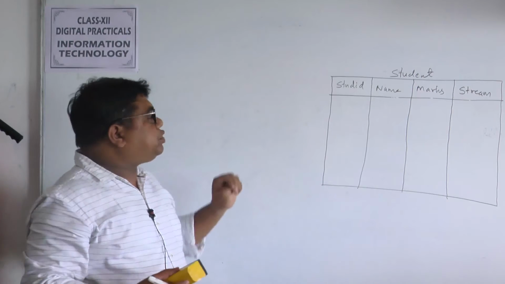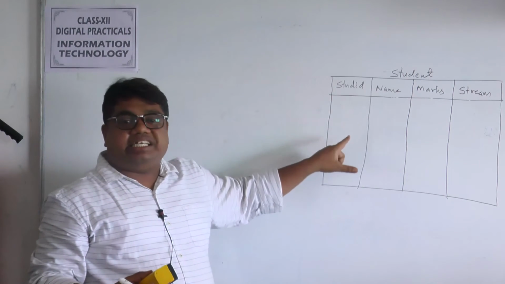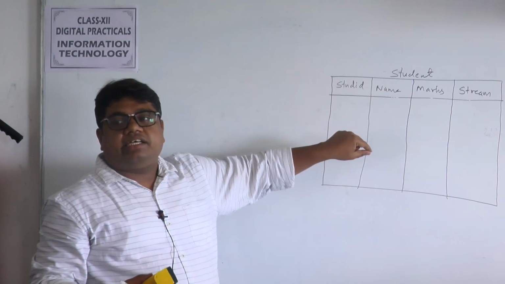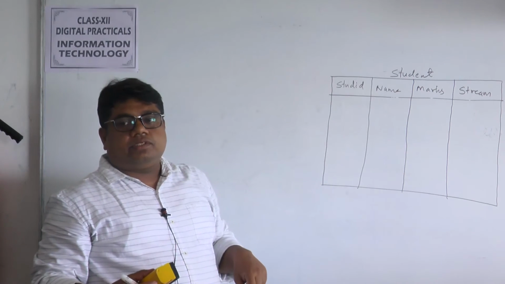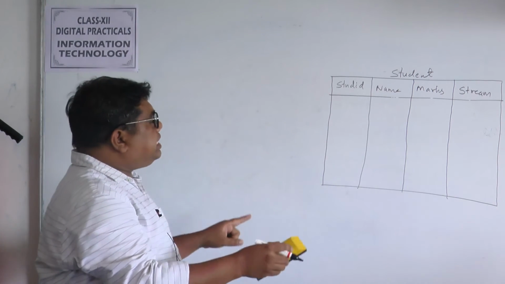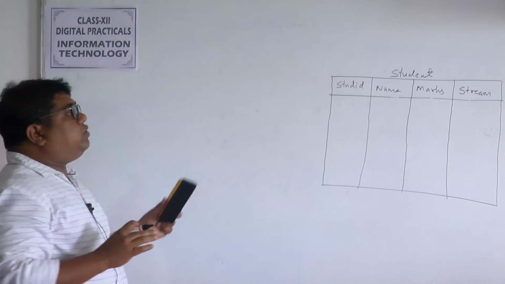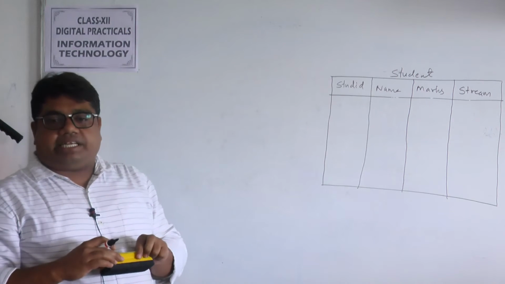And data types, what did we study? Data types we studied as integer, character, decimal. So before creating this table, I just want to tell you the syntax of how to create a table.